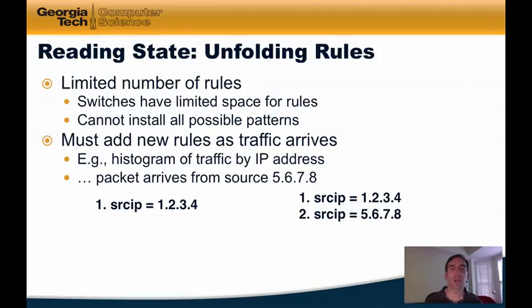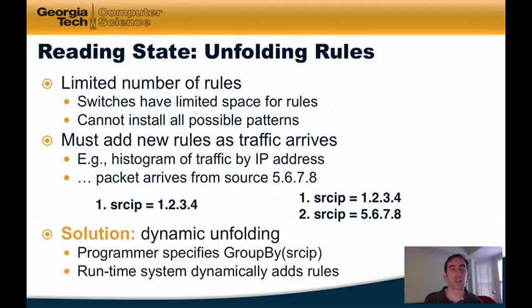So what we'd like to have happen is for the switch to create rules as new packets arrive from distinct source IP addresses. The solution to this problem is a primitive called dynamic unfolding, whereby the programmer can specify a group by predicate, and the runtime system will dynamically add the rules to the switch as packets from distinct source IP addresses arrive.